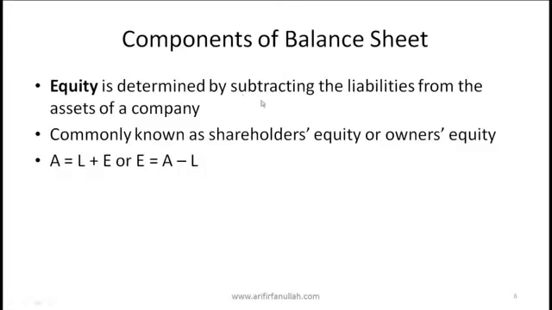Equity is determined by subtracting the liabilities from the assets of a company, commonly known as shareholders' equity or owner's equity. So equity basically is the total assets of the firm minus the liabilities.